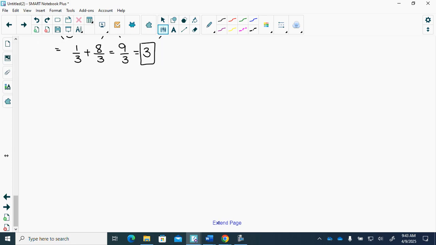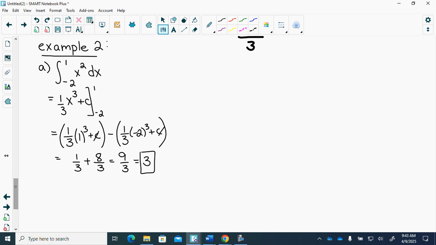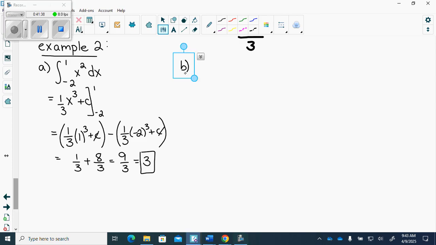Here's B and C for you. B, we have from 0 to pi over 6, remember, we're always in radians, cos x dx.